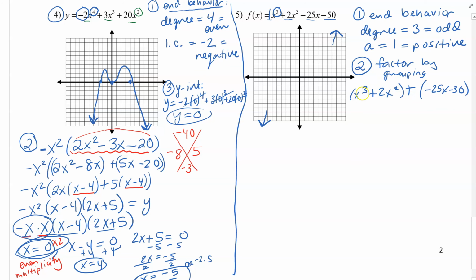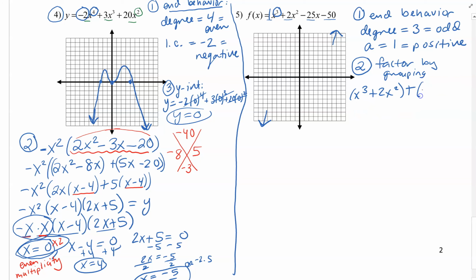So this one I can take out a GCF of x squared, leaves me with x plus 2. This one I can take out a GCF of negative 5, leaves me with x plus... group the second pair of terms.